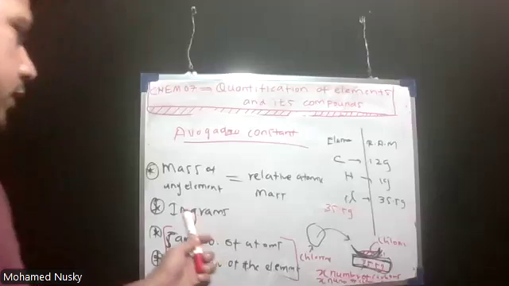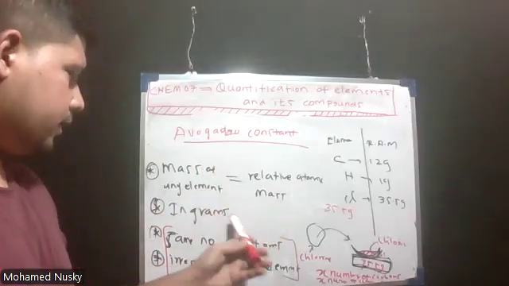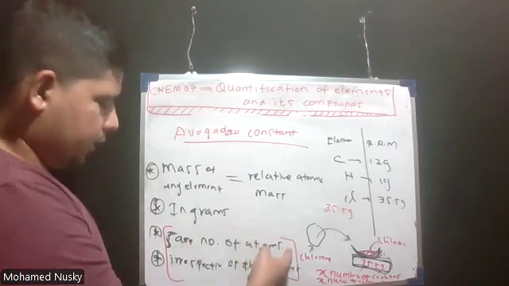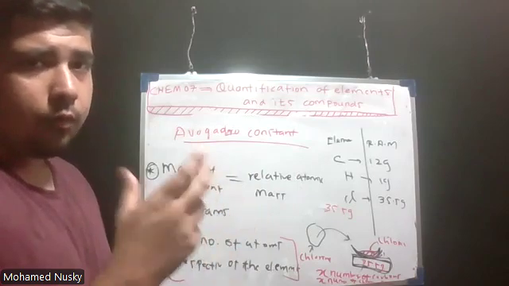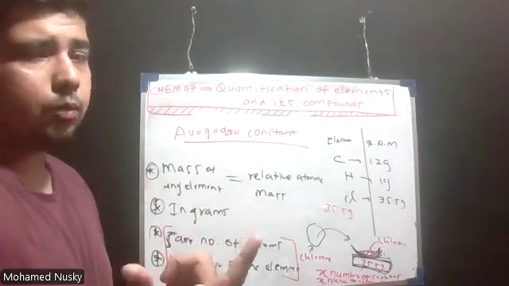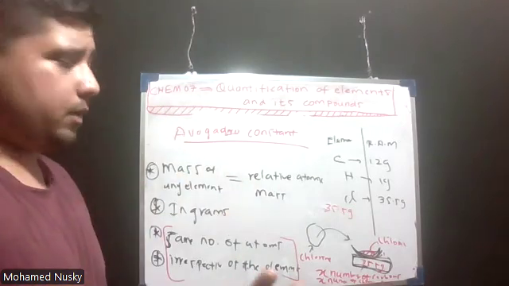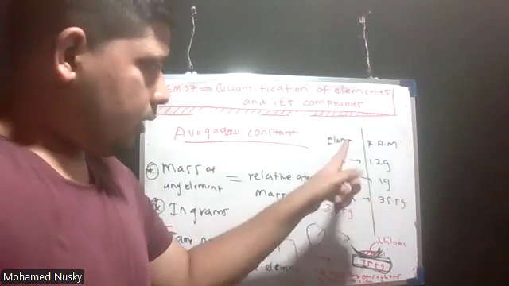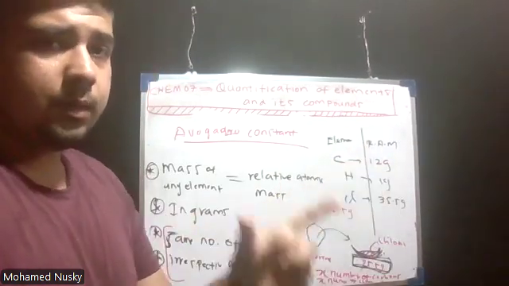So now you see the definition. When you take a mass equal to the relative atomic mass in grams, the number of atoms is a certain value. I will tell you what that value is, irrespective of the type of element. For carbon, if I take the relative atomic mass, there will be a certain number.